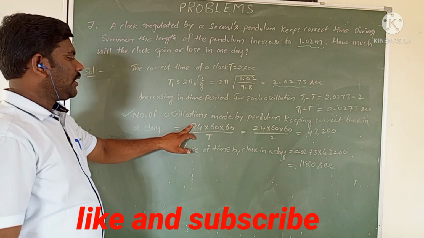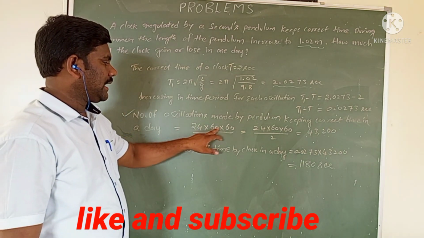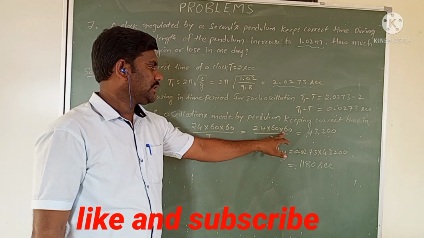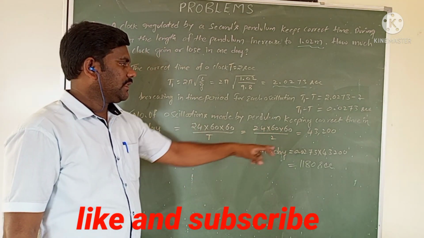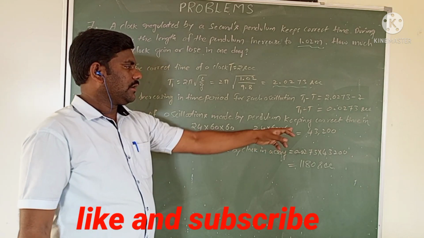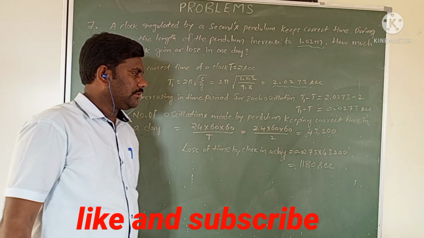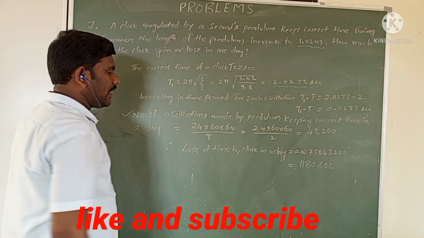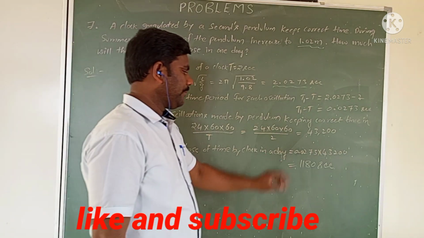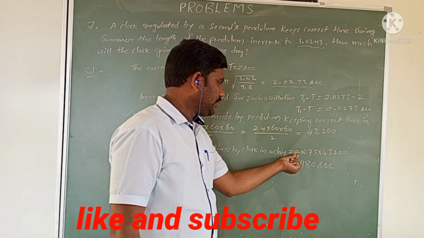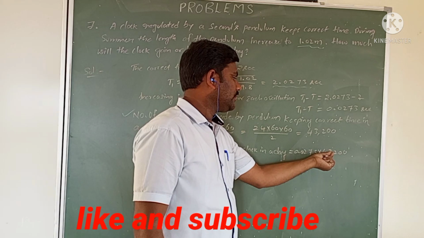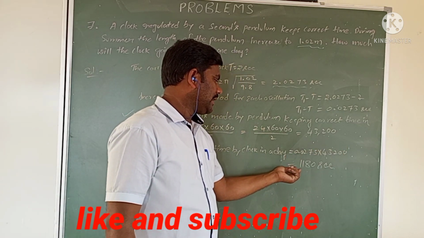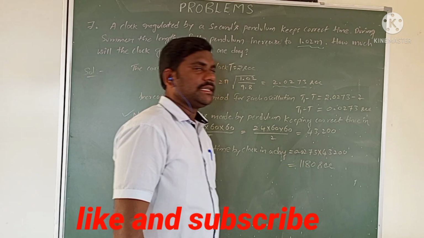So the number of oscillations made by the pendulum keeping correct time in one day: one day means 24 hours, 60 minutes and 60 seconds, divided by T. Therefore 24 into 60 into 60 by time T. That is equal to 43,200. Finally, the loss of time by the clock in one day is 0.0273 into 43,200, which gives 1,180 seconds.